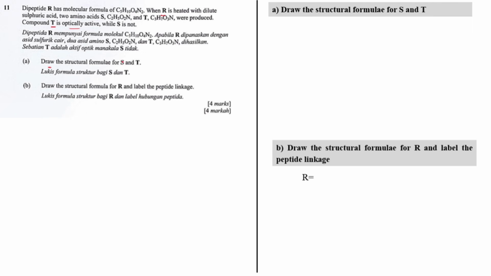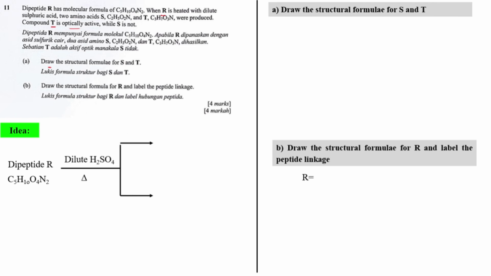Once again, I will suggest you start off with the idea in order to visualize the question better. So you have a dipeptide R with a molecular formula of C5H10O4N2. And when it is heated with dilute H2SO4, two amino acids are going to be produced: amino acid S with a molecular formula of C2H5O2N, and another amino acid T, which is C3H7O3N.